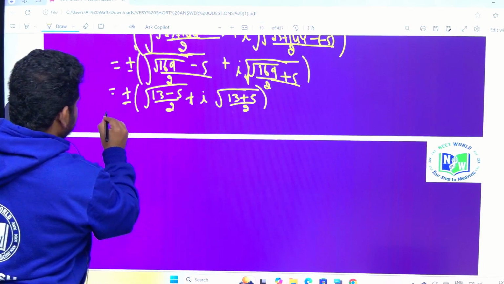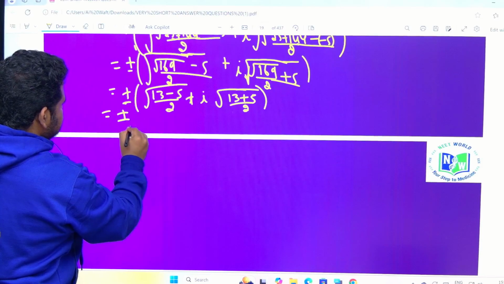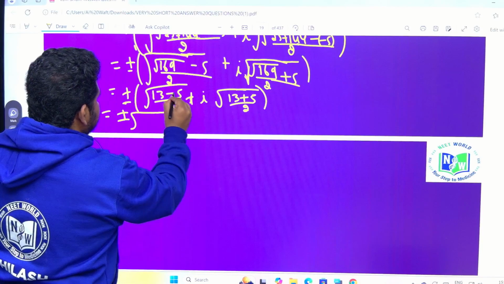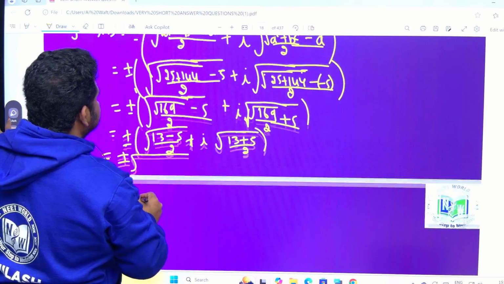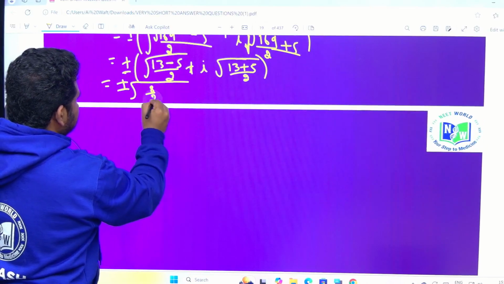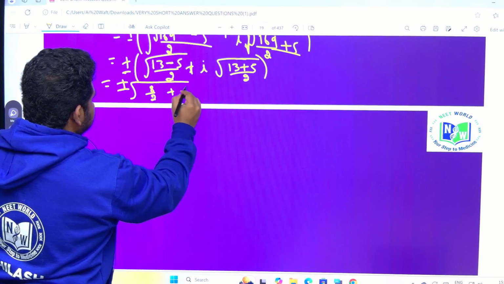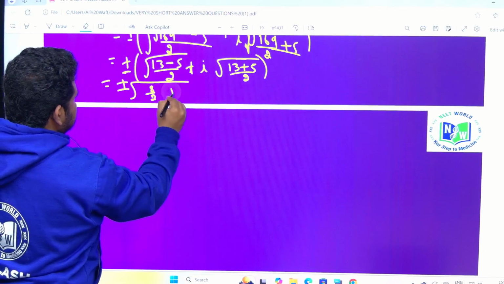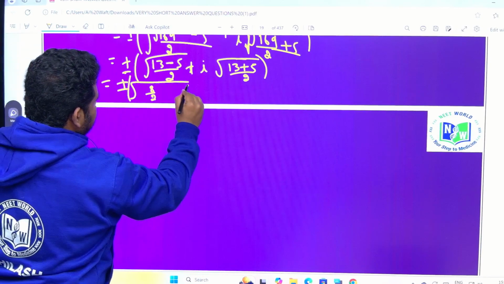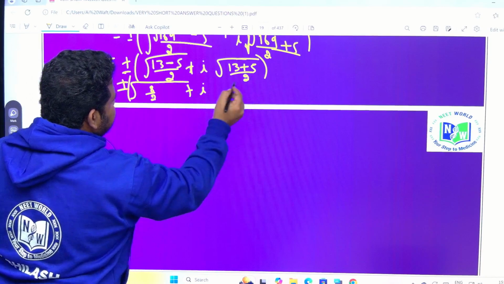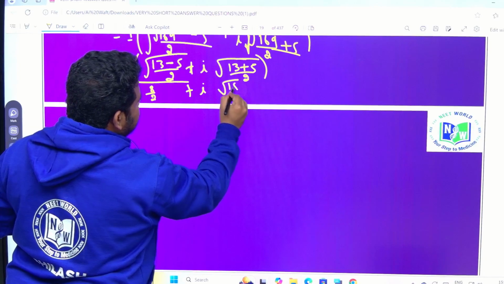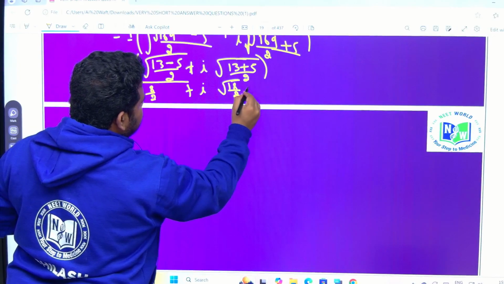Okay, so 13 plus 5 is 18, root of 18 by 2.